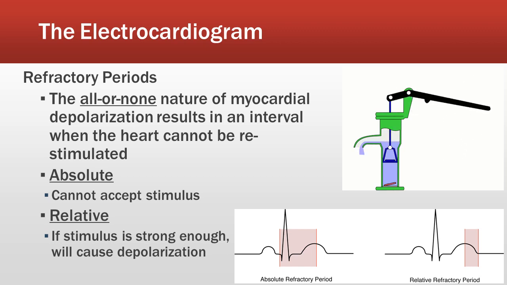Refractory periods. The nature of the heart's electrical system is an all-or-nothing process. The absolute refractory period means that from the start of the Q wave to halfway through the T wave, it doesn't matter how strong an electrical stimulus is, another impulse cannot be conducted.